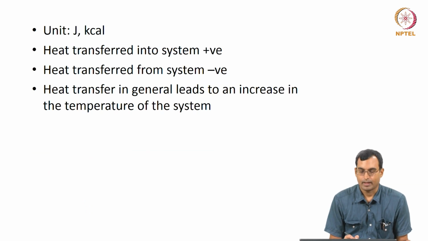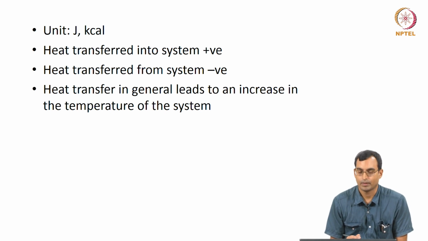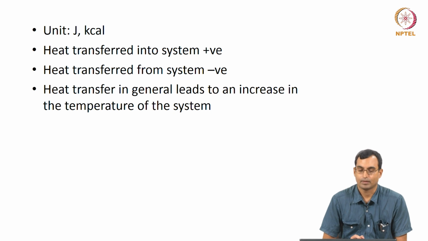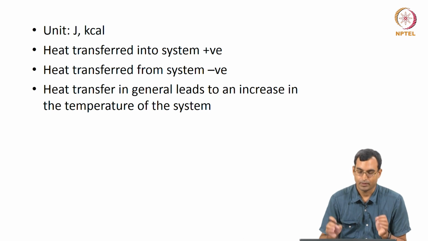And like in the case of work, we have the same units. So the SI unit is a joule, which is what we most commonly use. Traditionally, the unit which was used earlier was a calorie, and 1000 calories make a kilocalorie, and we are not really going to use that in this course, because if you use heat in terms of calories and work in terms of joules, then in a lot of places you will have a conversion factor called the mechanical equivalent of heat, which is about 4.2, and we would not want to keep putting that in a lot of places.